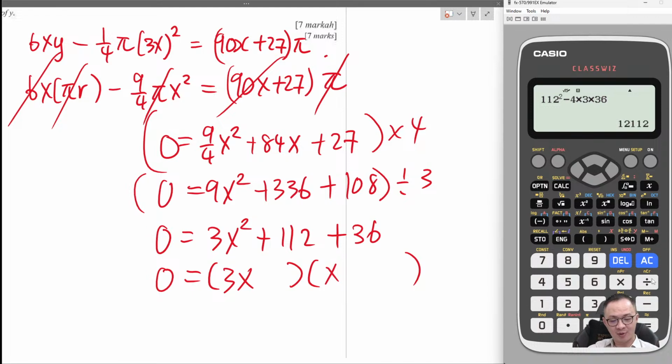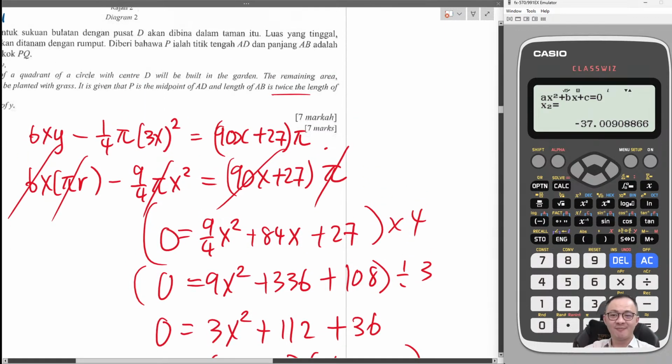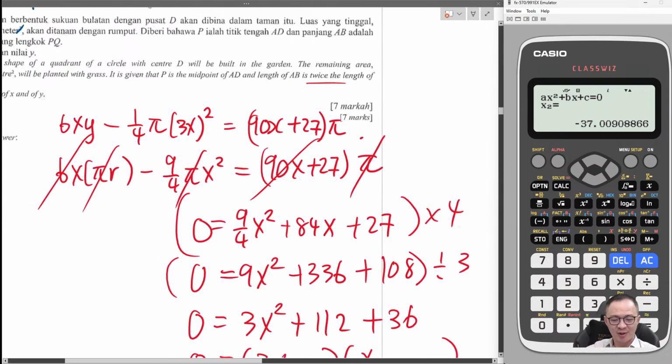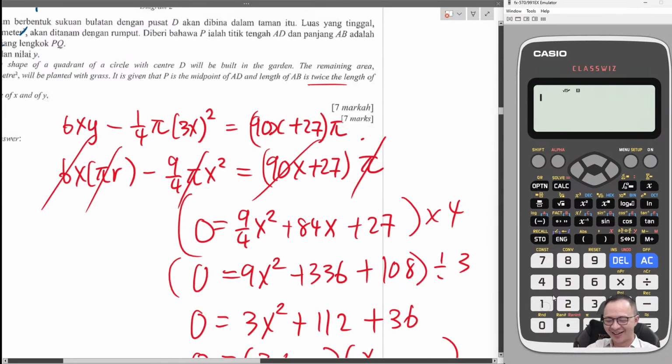Okay, still get positive, but I think this one is a decimal, is it? Did I make any character mistake? If anyone found a character mistake, do let me know. Something wrong then. Both also get negative length.